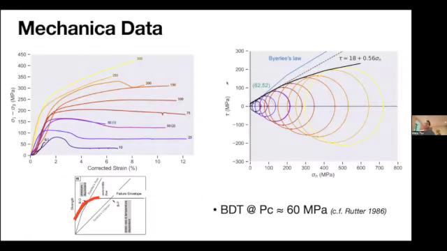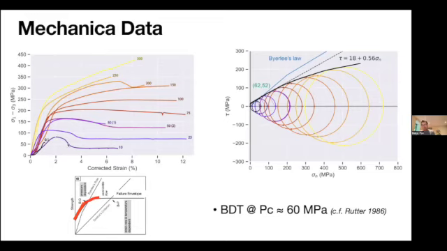So first, let's look at the mechanical data. So those are stress strain curves here, and the individual color shows the confining pressure at which these experiments were done. So as you can see, at low confining pressures like 10 MPa, we typically increase the stress as we deform the rock. We reach some peak strength.